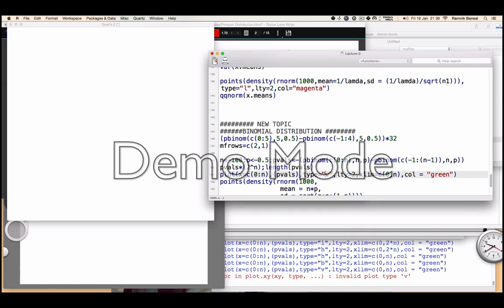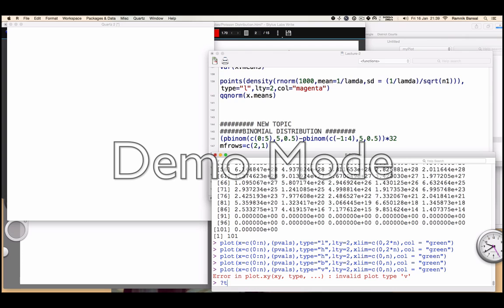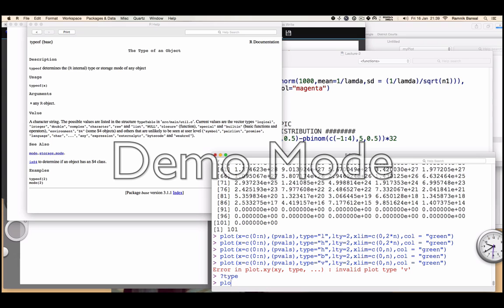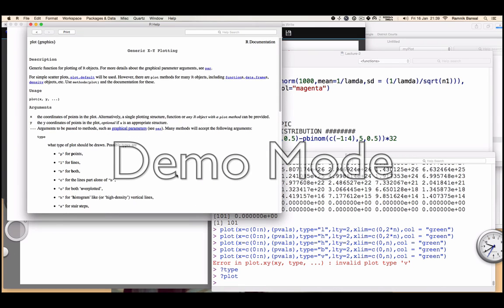No, I think vertical is not it. Let's just ask for the type. Line, both, H for histogram, S for staircase. Yeah, that's going to give us a line plot. I don't want a line which is connecting lines.